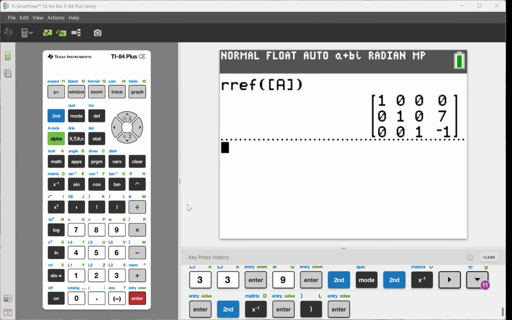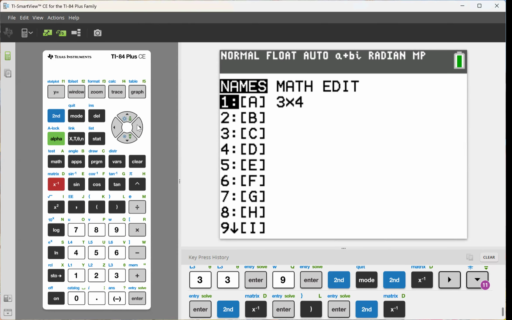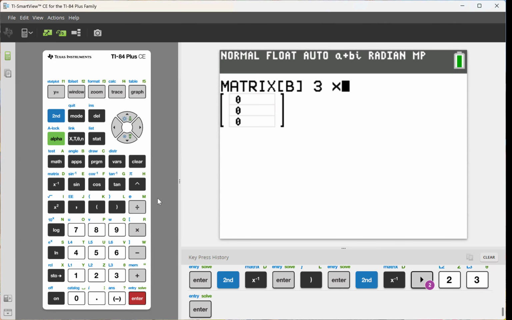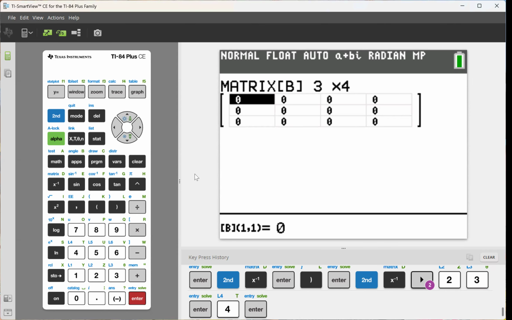All right, so I'm going to put that 3 by 4 matrix in matrix B. So go to second matrix, go to edit, and go to B. It's going to be a 3 by 4 again. 3, enter, 4, enter. And then we're going to put in the elements by row.